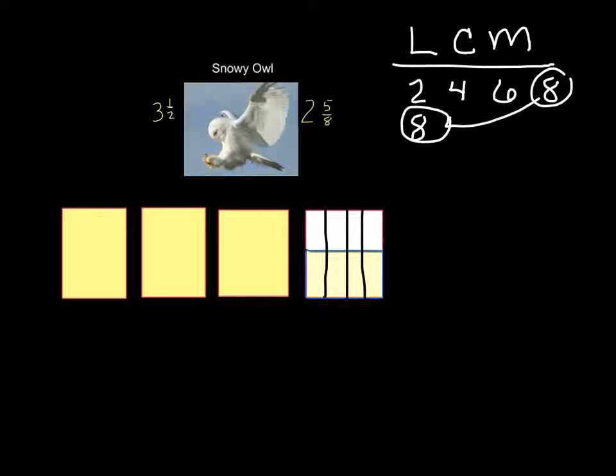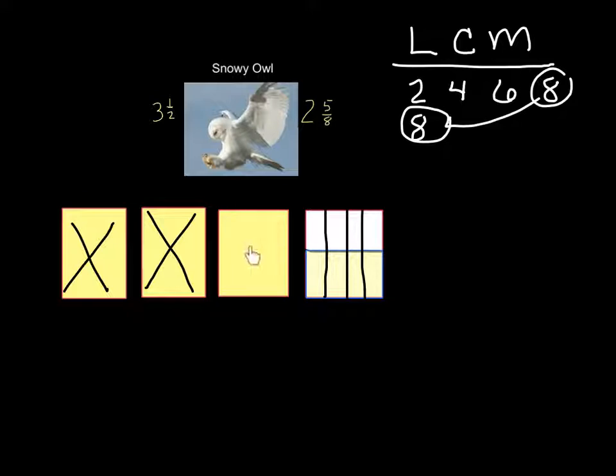So what I want to do here is first I'll get rid of the 2 whole ones, and I can do that simply by making an X in 2 of these boxes, and then I can start to subtract these, but now I got to take 5 away, and I've only got 1, 2, 3, 4, so I can take 4 away, but that's not going to help me because I got to take the 5th one away.